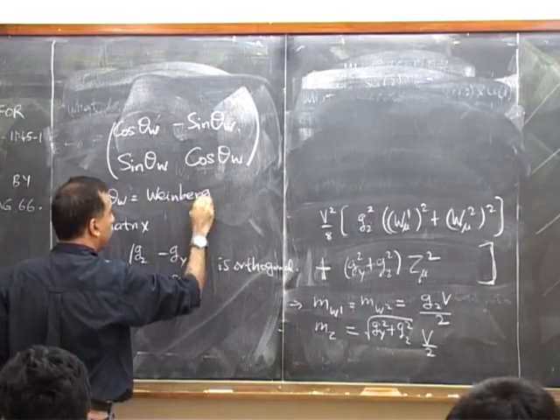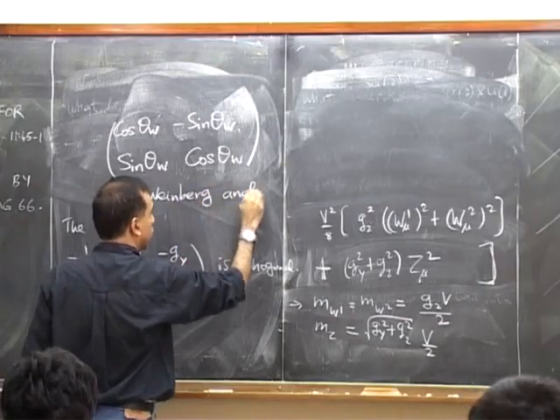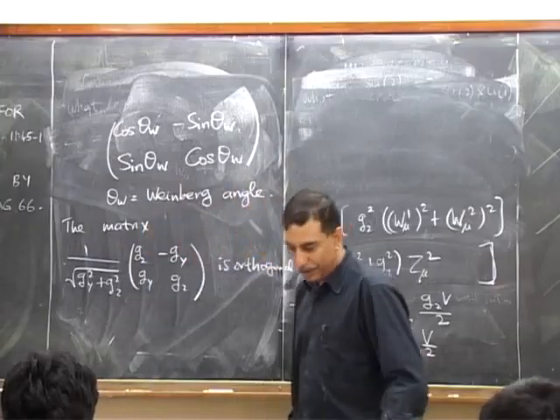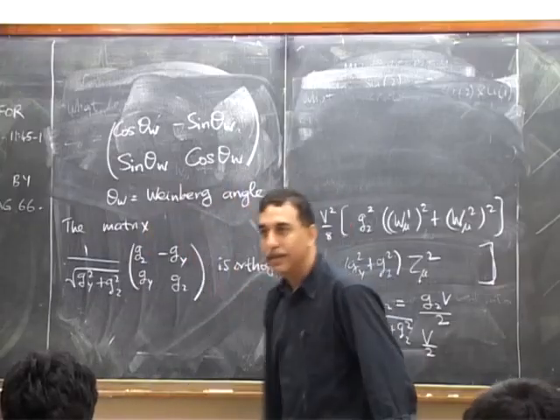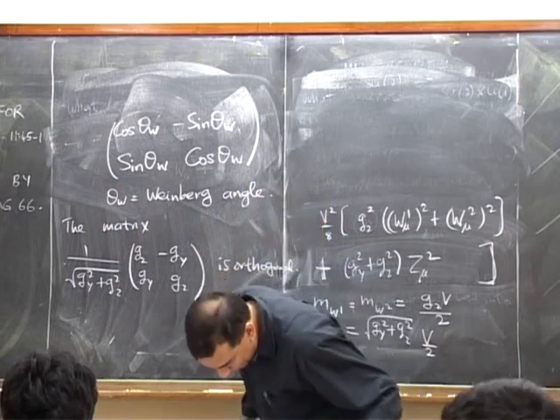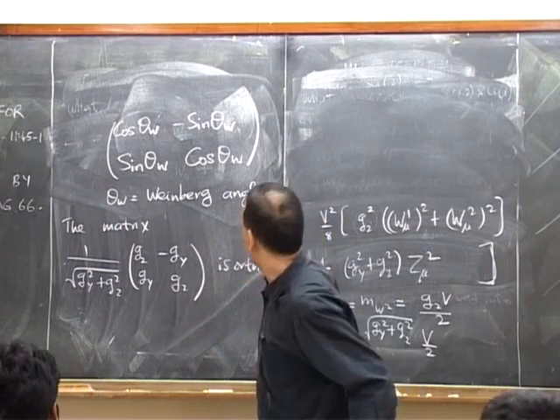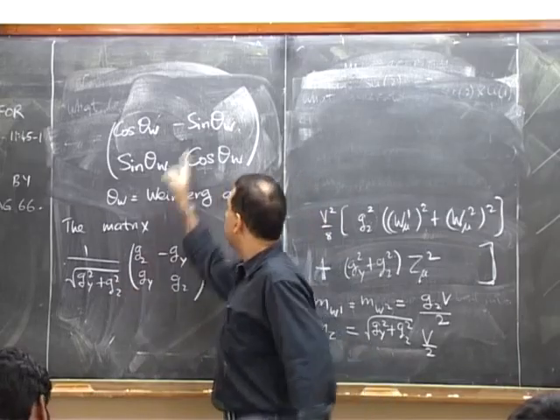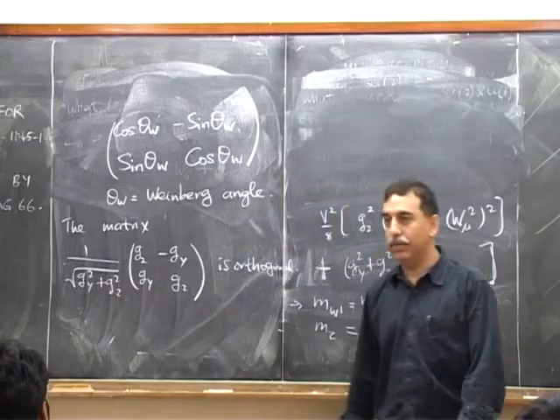I'm trying to remember who it was who claims that it stands for Glashow's weak angle. Salam maybe. Anyway, good, I think I got it right. Cos theta should be g2 over the root and sin theta should be g_Y over the root.